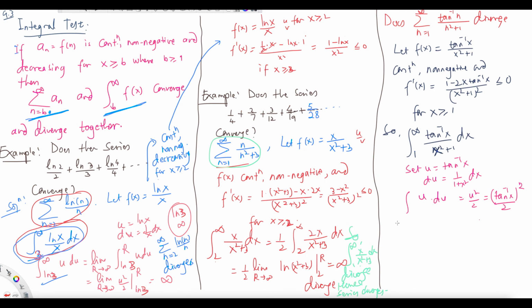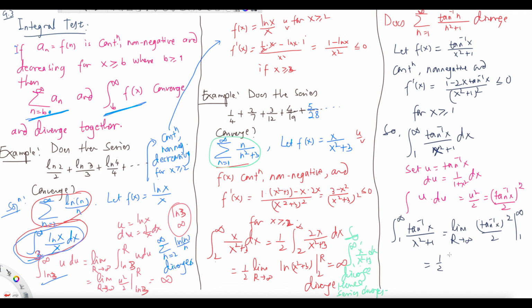Now what do you get then? So therefore the integral from 1 to infinity of tangent inverse x over x squared plus 1 can be written as the limit as r tends to infinity of tangent inverse x squared over 2, with limits 1 through infinity again, right? So what do you get? Let's plug in. Let me write down 1/2. Plug in infinity.